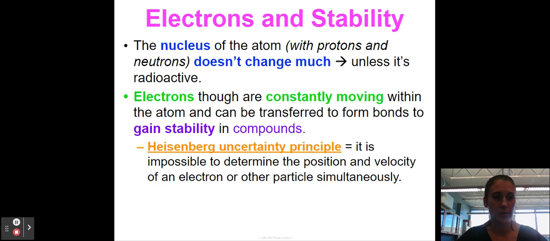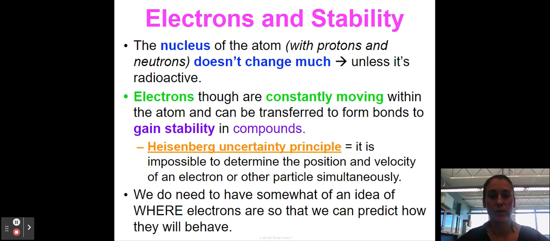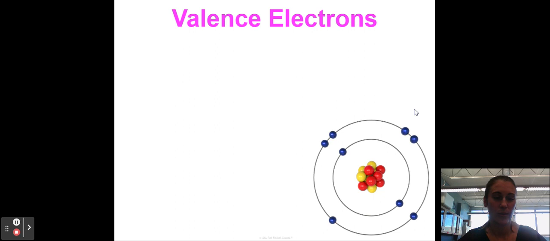There is a principle called the Heisenberg uncertainty principle, and it basically says it's impossible to determine the position and velocity of an electron simultaneously. So we do need to have somewhat of an idea of where electrons are so we can predict how they will behave. Even if we don't know exactly, we have some probability that we can work with.